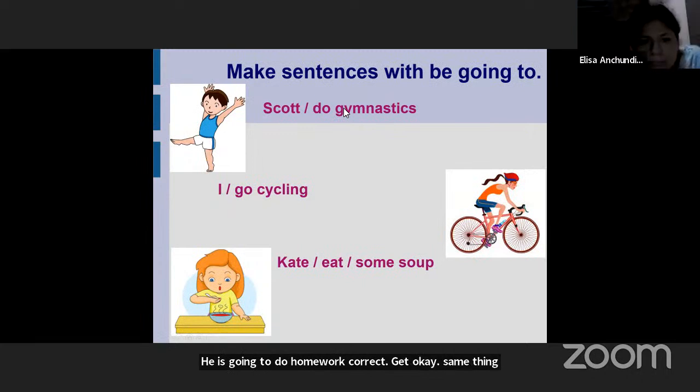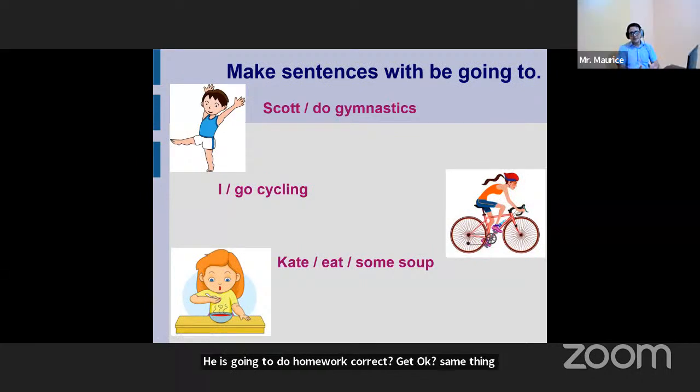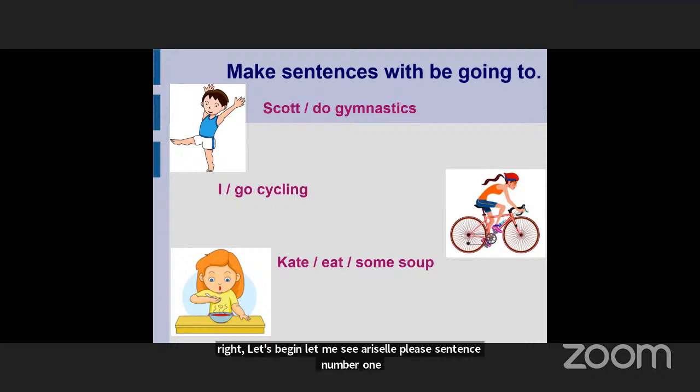Vamos a hacer las intenciones lo mismo con estas imágenes, pero voy a condicionarlas con estas palabras de aquí. Alright? Let's begin. Araceli, please, sentence number 1.